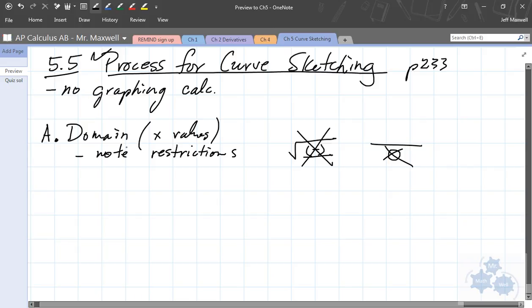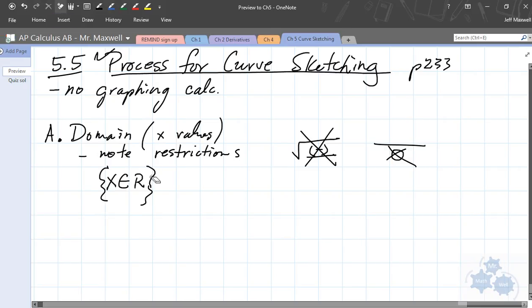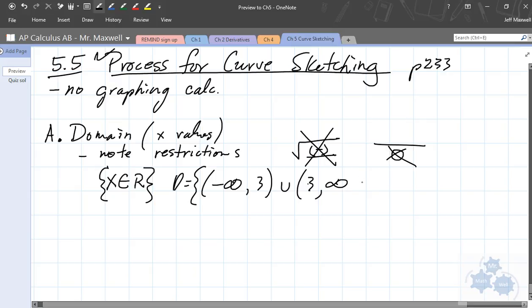If it's a polynomial function, a continuous function, you may have the domain is x is an element of all real numbers, which means anything is possible. You may have domain equals negative infinity to 3, and then also 3 to positive infinity.